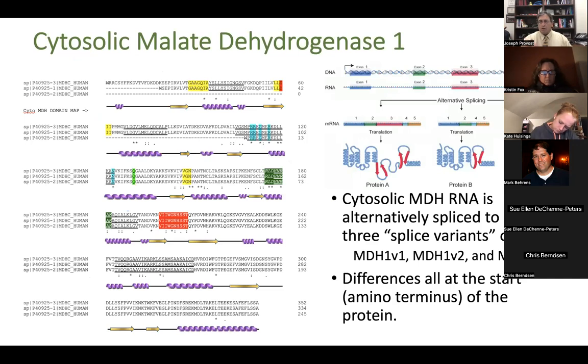So we're going to start with a little bit of background of what we have and just the basics. So cytosolic MDH, or MDH1, comes in a couple of different splice variants, all from the N terminus. Once upon a time, until just maybe about 3 or 4 years ago, there was no information that there were different splice variants of this.